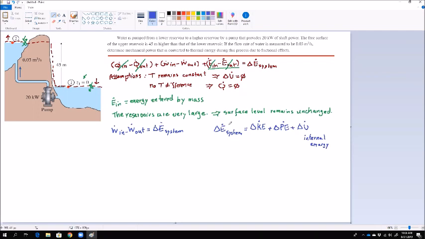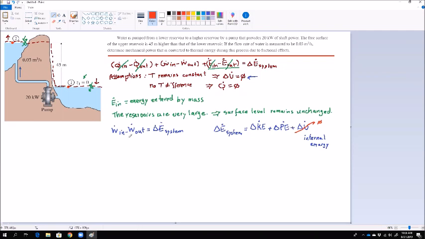The delta sign is to show the difference between initial and final state. So let's go back to this assumption here. Temperature remains constant. Therefore, internal energy remains unchanged, can be scratched.